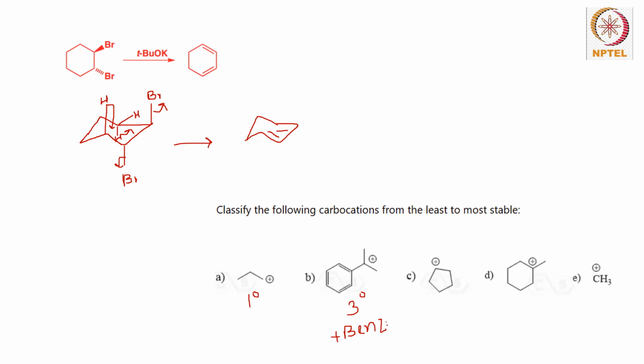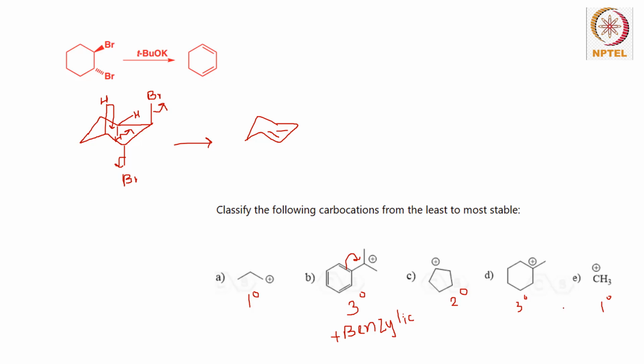So it can be stabilized by the plus R effect of the ring, and you can get some extra stability. This is 2 degree. This is 3 degree. This is also 1 degree or 0.